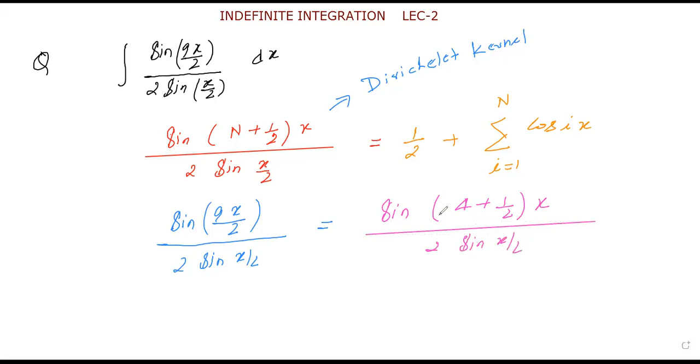Now you can see capital N is here 4. So you can write it this way: 1 divided by 2 plus sigma i equals 1 to capital N, where capital N is 4, cos of ix.